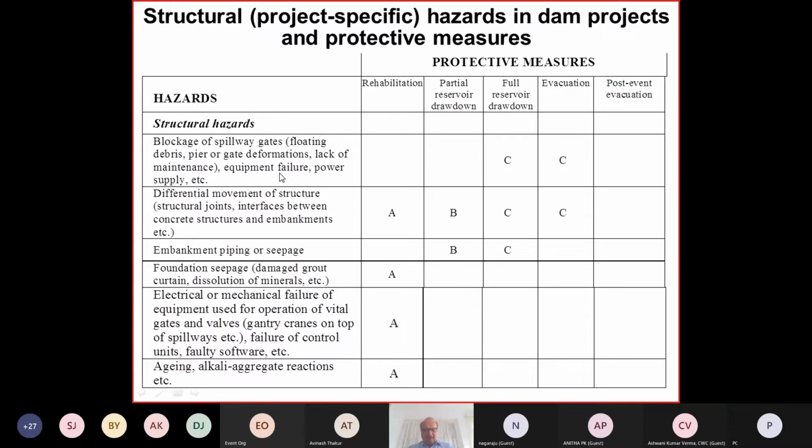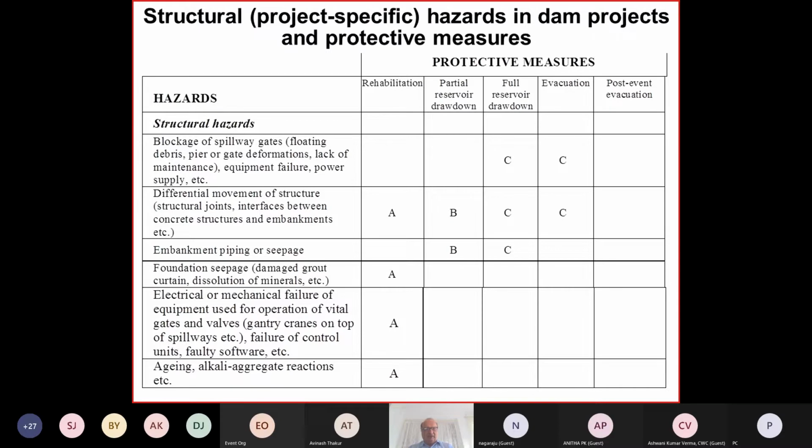Some are man-made, but some are due to the type of design, so therefore we call it structural hazards. And we could also have some differential movement of structures along joints or interfaces in concrete structures and embankment dams and so on, or also block joints in concrete structures.